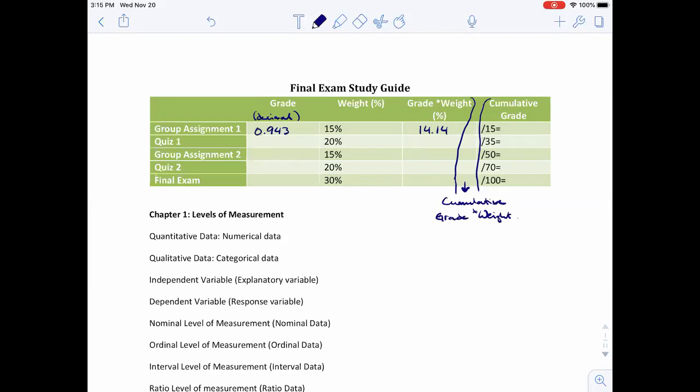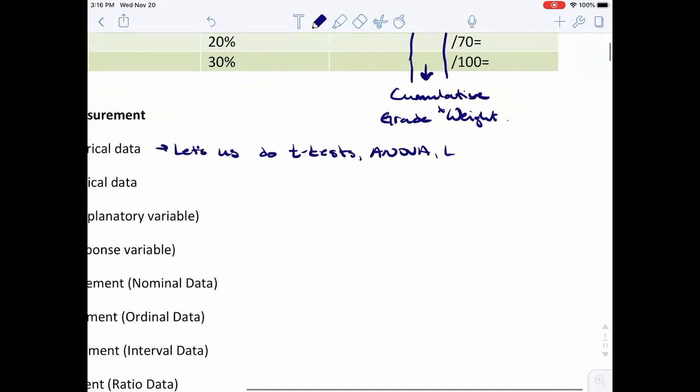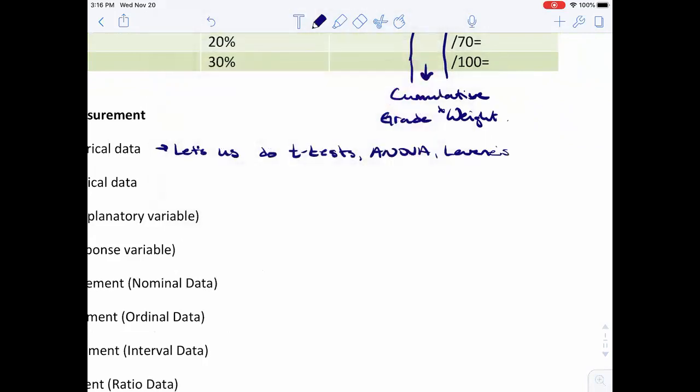If we have a numerical variable, then we can do things like the t-test, Anova, Levene's test, etc. These are any tests for means or standard deviations.